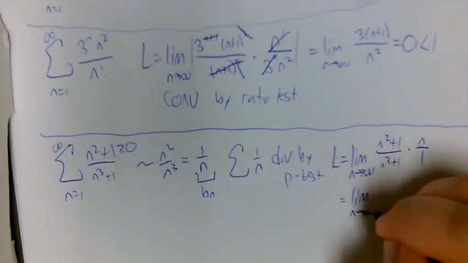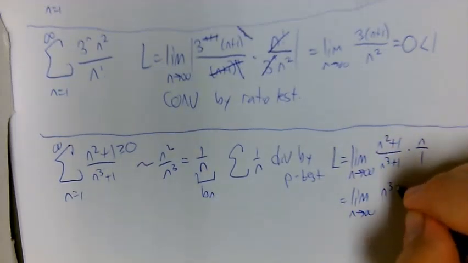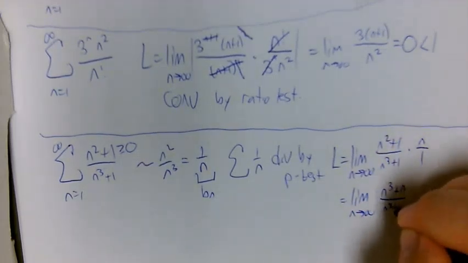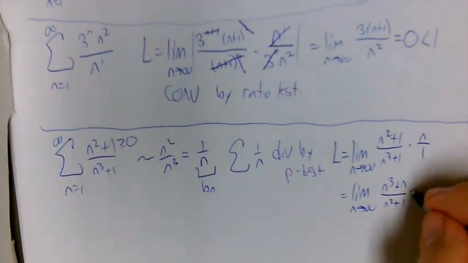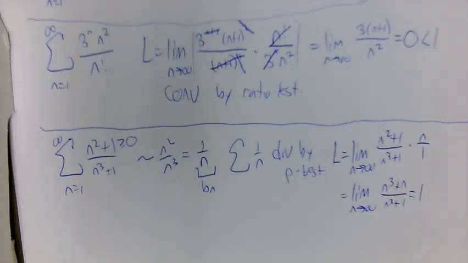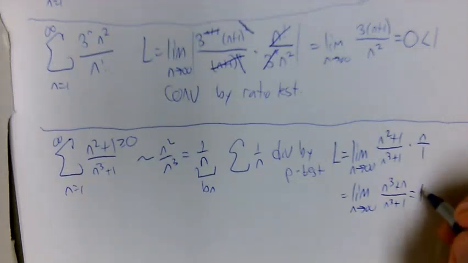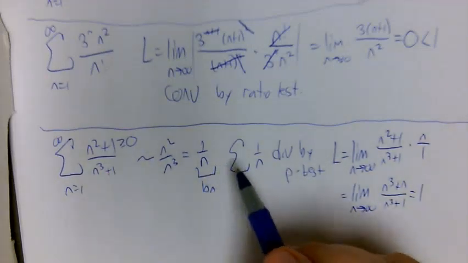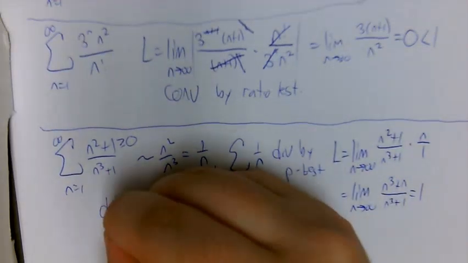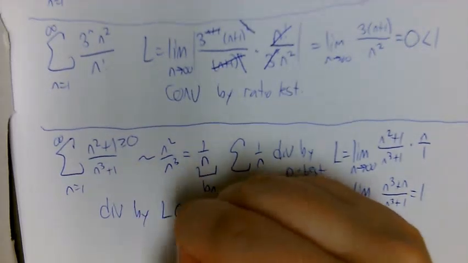Okay, now if we multiply through by this n, we have n cubed plus n over n cubed plus 1. And since we have polynomials of the same degree and same leading coefficients on the top and bottom, we end up getting 1 right here. And since 1 is between 0 and infinity, this series will do the same thing that the comparison did. So this is going to diverge by the limit comparison.